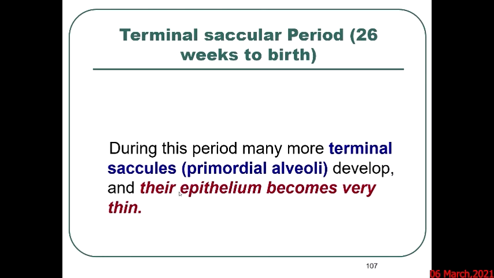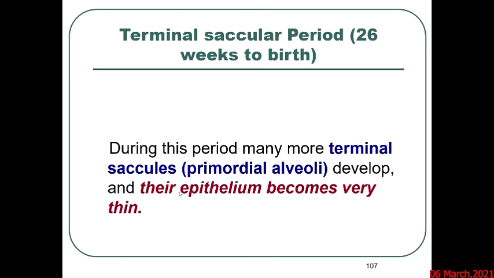The lining epithelium starts to change from the terminal bronchioles: the pseudostratified ciliated columnar epithelium becomes simple columnar, then simple cuboidal, and ultimately simple squamous in the alveoli. Because if it is not simple squamous or thin epithelium, respiration is not possible.